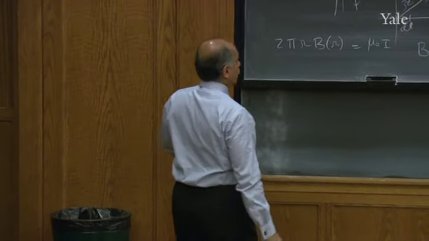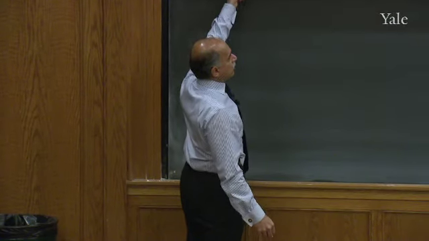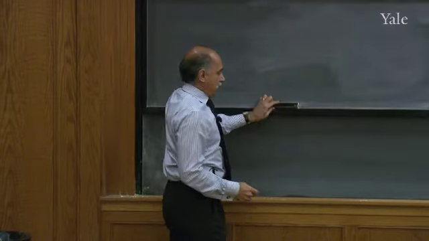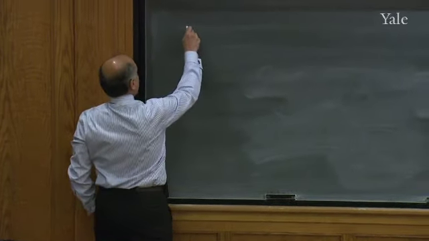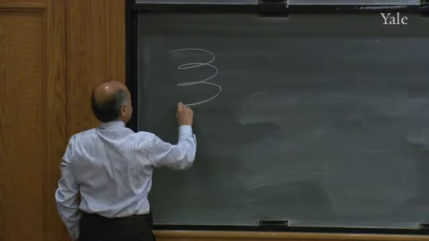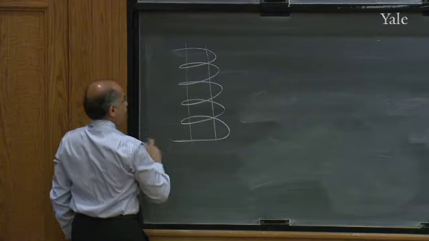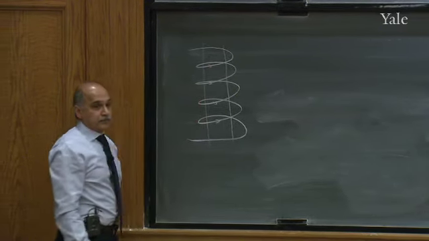But now I want to consider two new problems which I didn't study last time. The first one is going to be very important: the solenoid. So imagine on a tube, you wrap some wire, and the wire is wrapped like this many, many times.